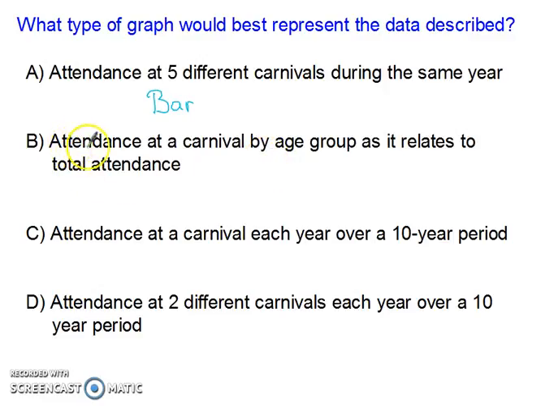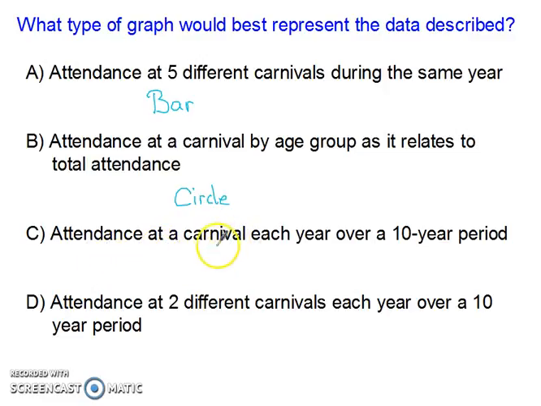All right, so now let's look at attendance at a carnival by age group as it relates to total attendance. Well, since you're looking at individual pieces and different groups relating to a total, you have a part related to a total, so therefore that's going to be a circle graph.